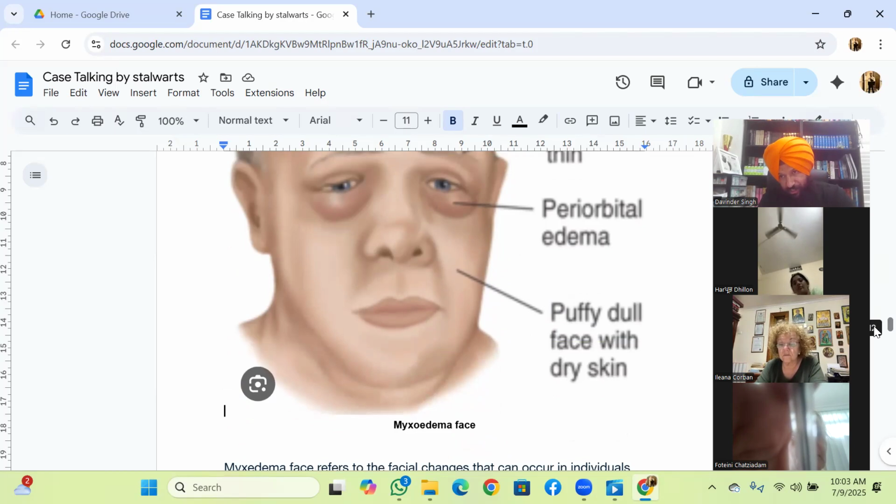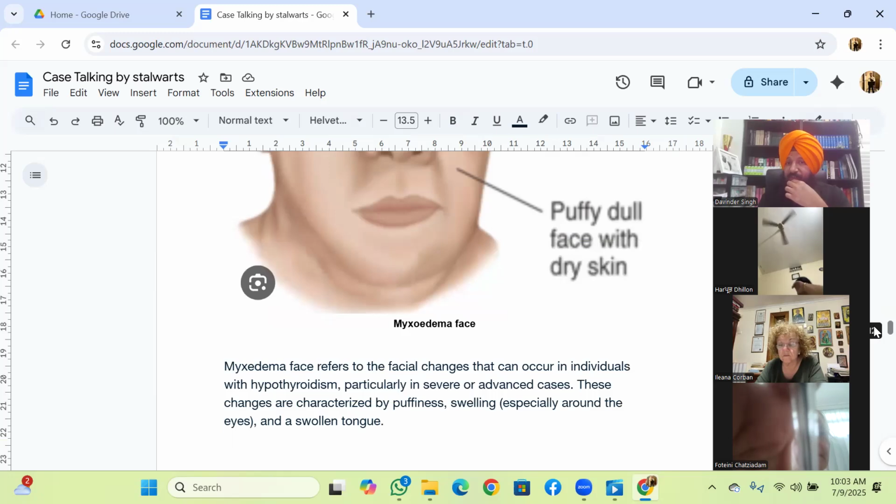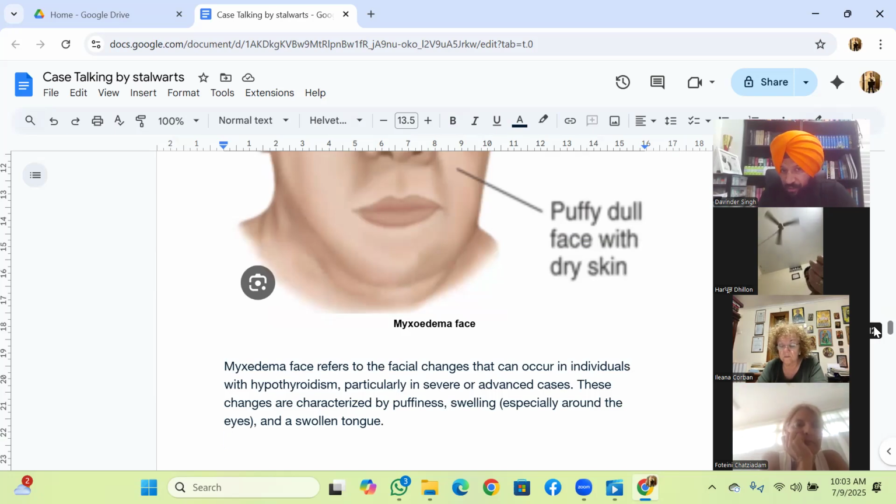The myxoedema phase refers to facial changes that can occur in individuals with hypothyroidism, particularly in severe and advanced cases. These changes are characterized by puffiness and swelling, especially around the eyes, and a swollen tongue.